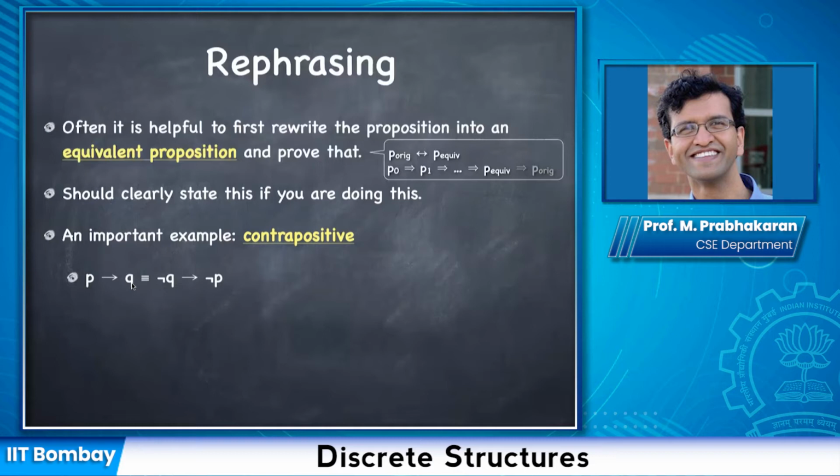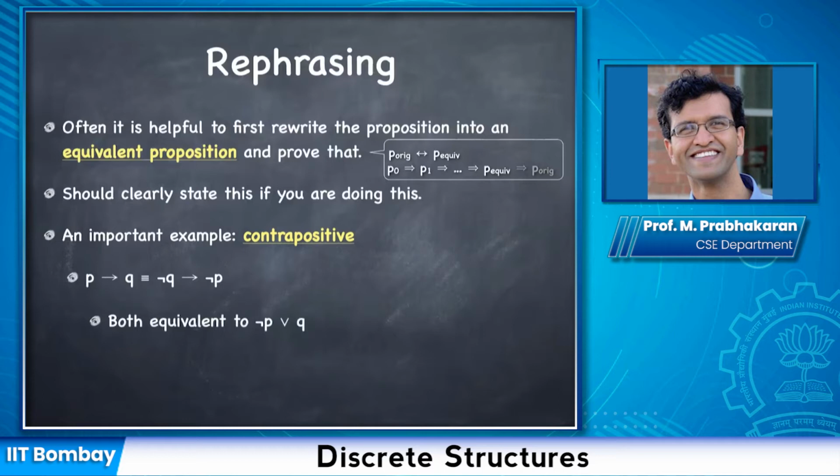So that's why you would say, first, instead of proving P implies Q, I will prove not Q implies not P. For that, suppose not Q. So it's important to state the equivalent statement upfront, make it clear what it is, and then proceed with the proof of the equivalent statement.